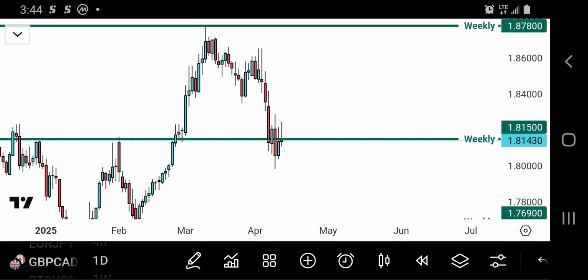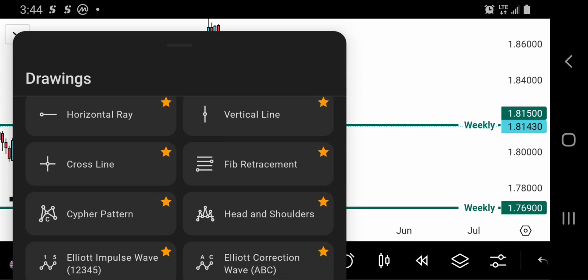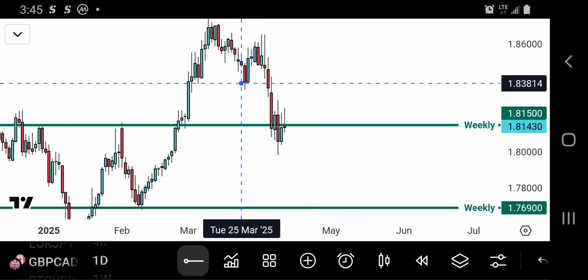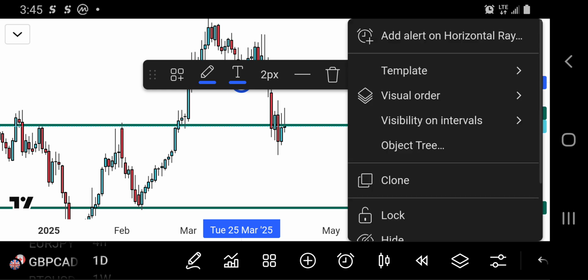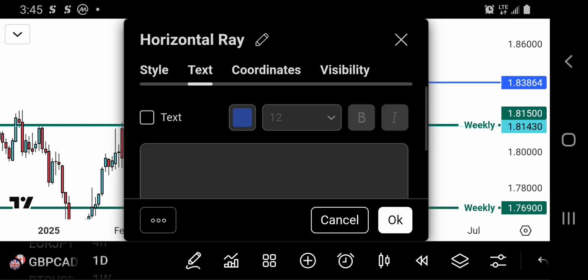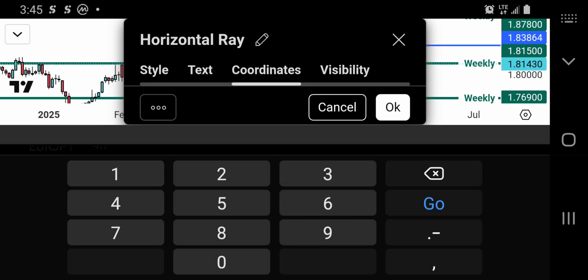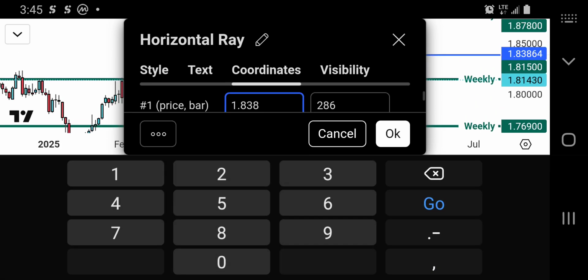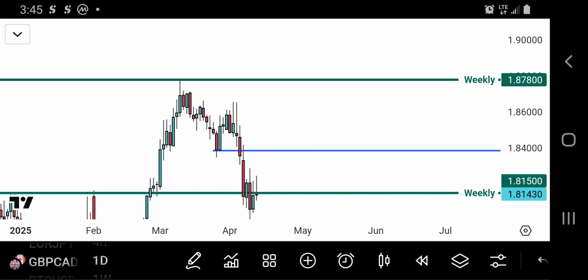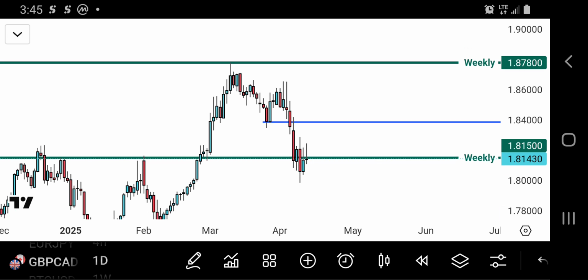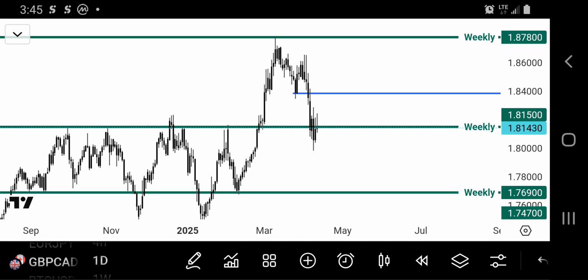The first area I want to take for my daily is this area right up there, that neckline. Then I want to round it up. See, I'm using a different color. I'm taking that body area right there.